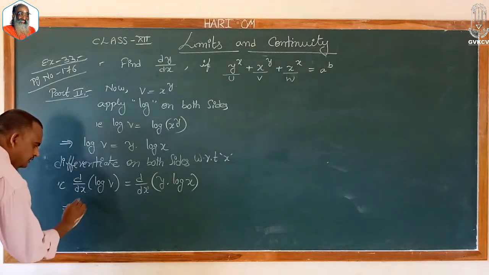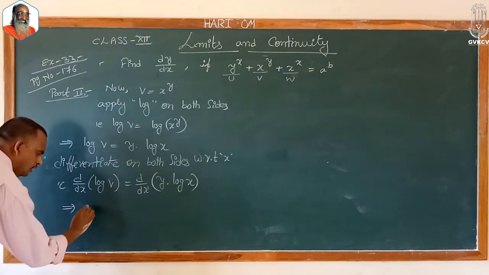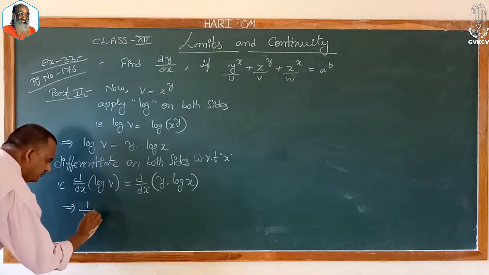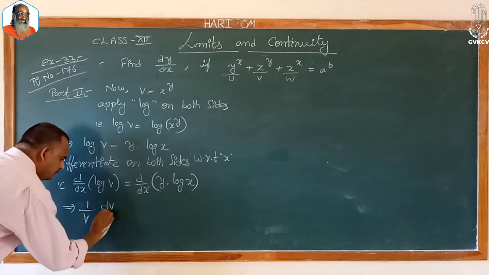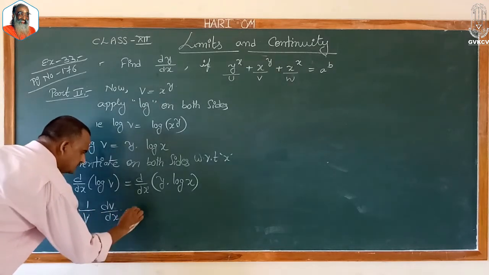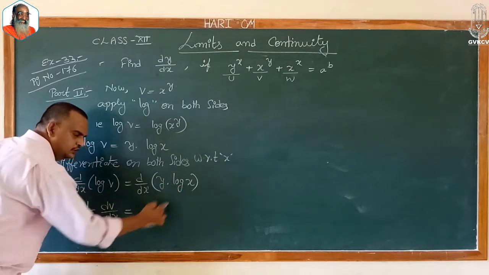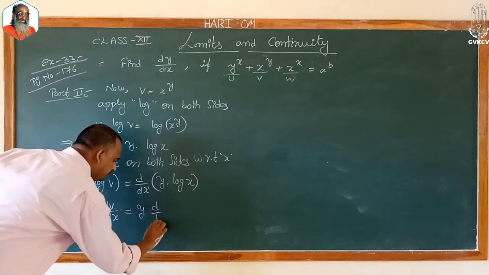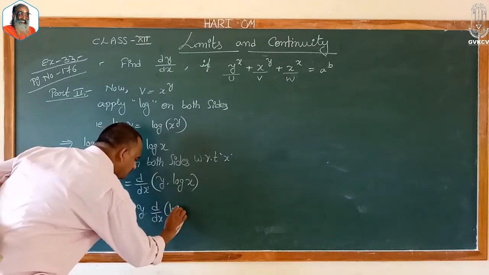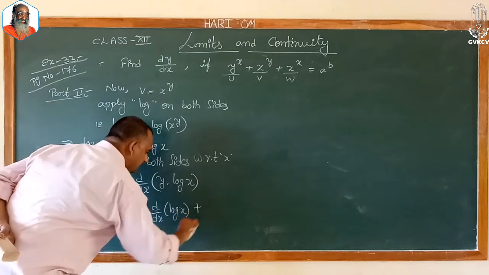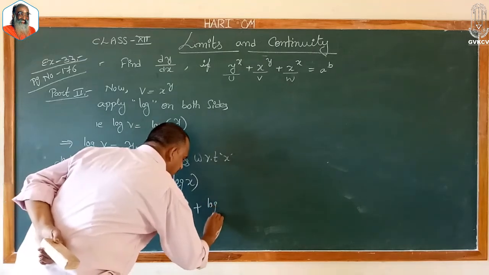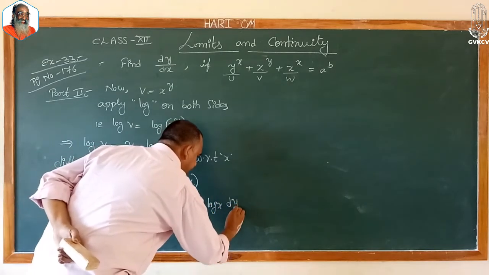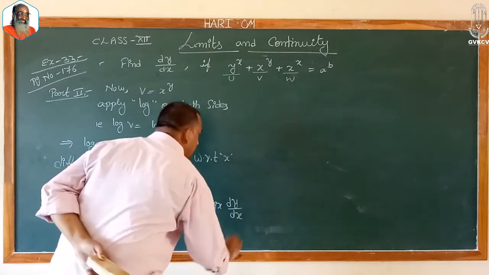Means d/dx of log v, derivative is 1/v into dv/dx, which on the right is in the form of a product, so the product rule: y into d/dx of log x plus log x into dy/dx.